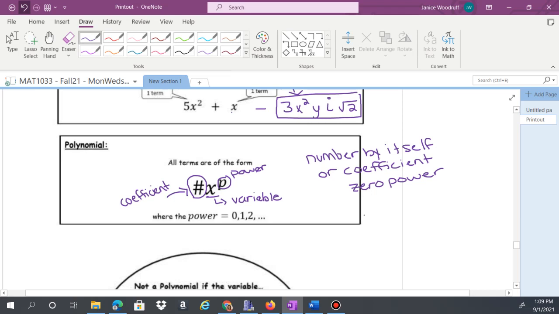So think back to our last lesson where we did the 0 exponent power. Anything to the 0 power is 1. So for example, 8x to the 0, x to the 0 is 1. That's the same thing as saying 8 times 1, which is just 8. So an 8 by itself is technically 8x to the 0 power. Okay, so just the number by itself or a coefficient is to the 0 power.